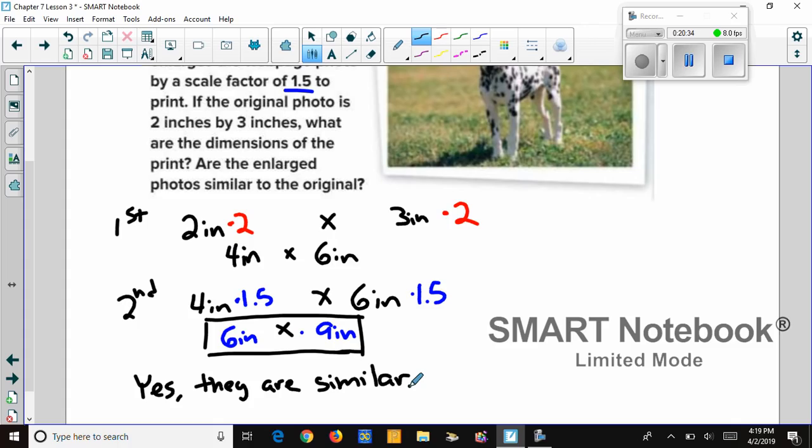If we can find that there is one scale factor used to enlarge and reduce the picture, then it is similar. Unlike in example 2, where we found there was not a single scale factor.